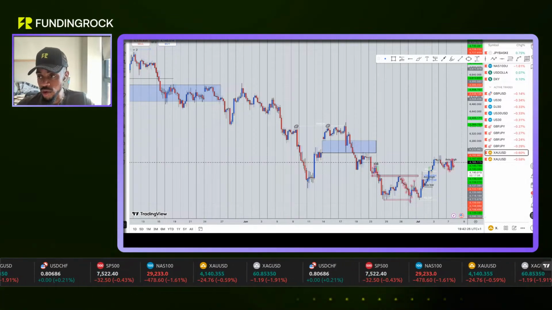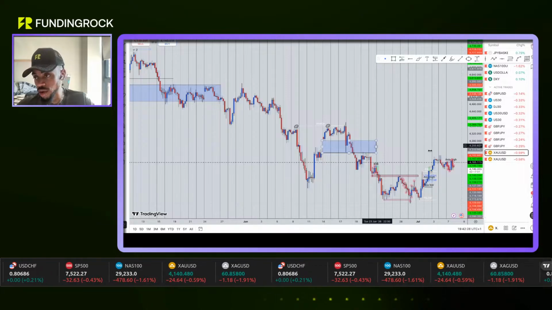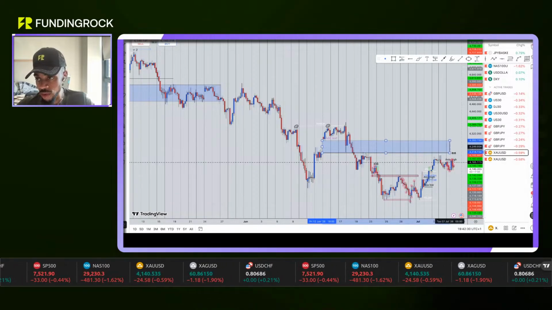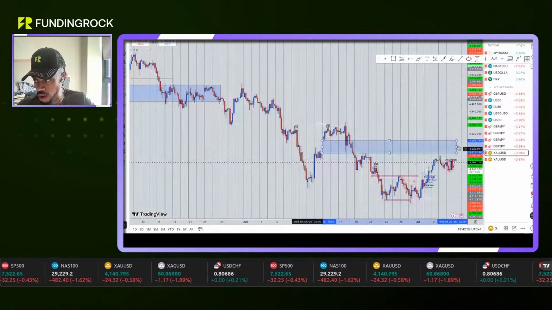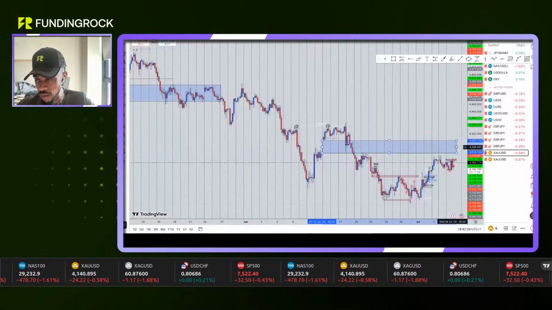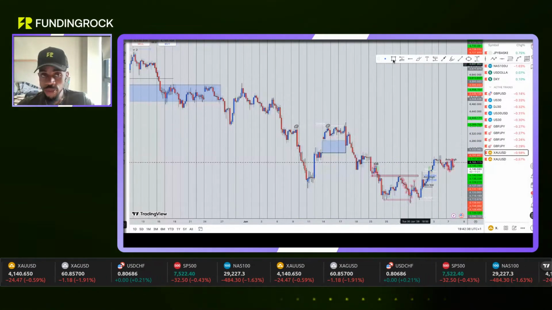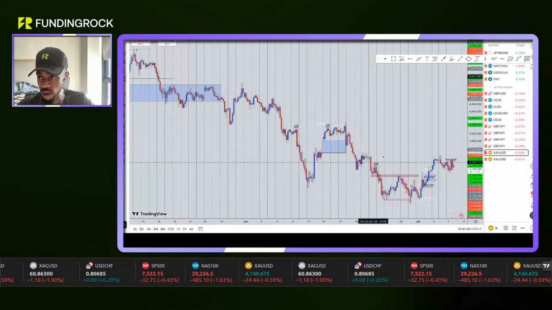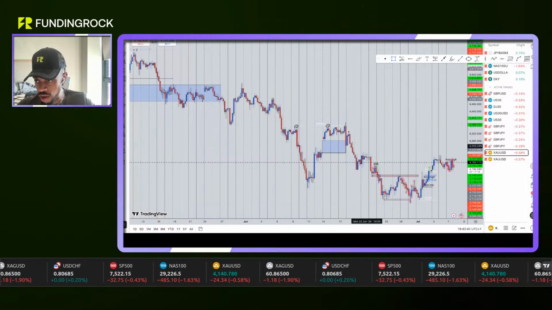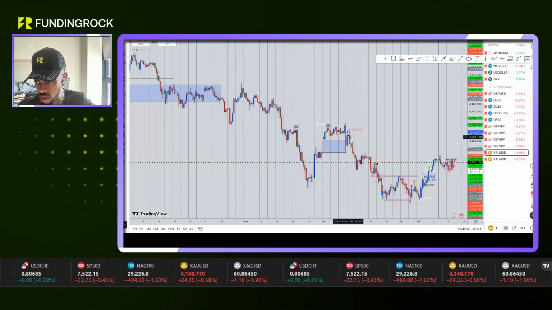So this is gold on a grand scheme. We had an opening gap that got filled in over here, right? What I'm thinking right now is we have an imbalance all the way up here.